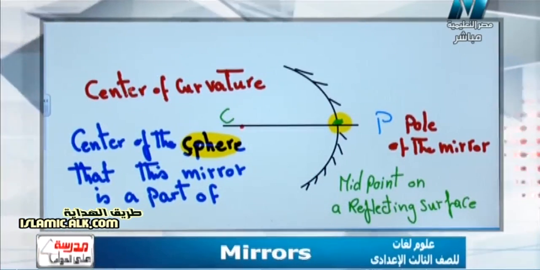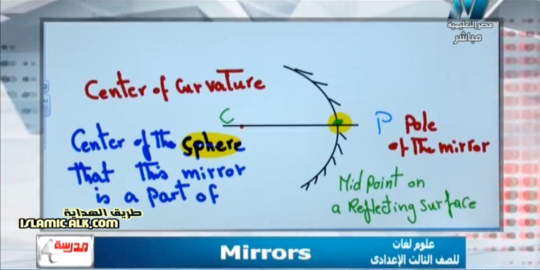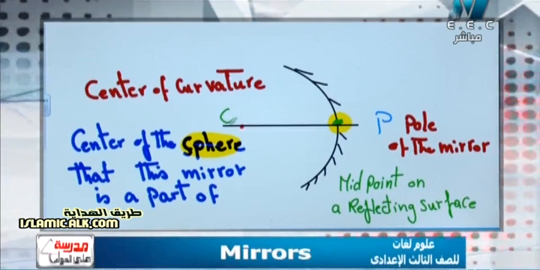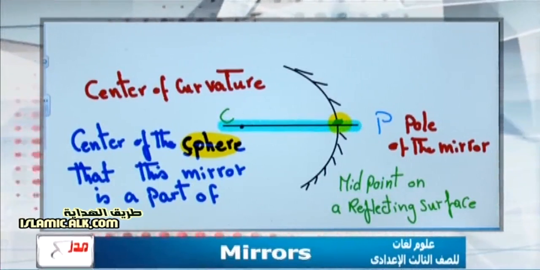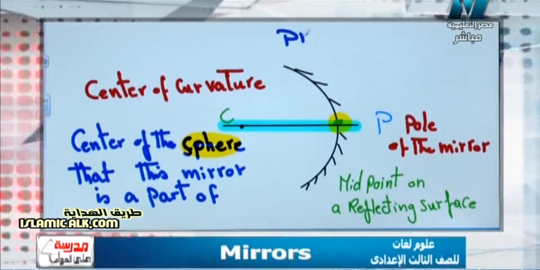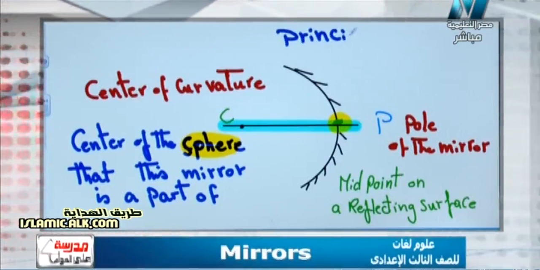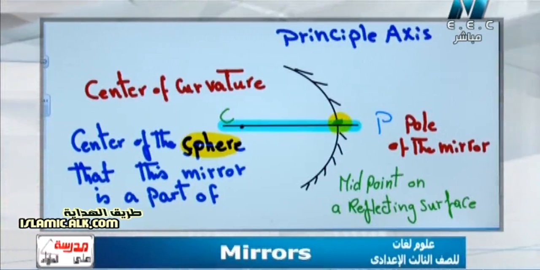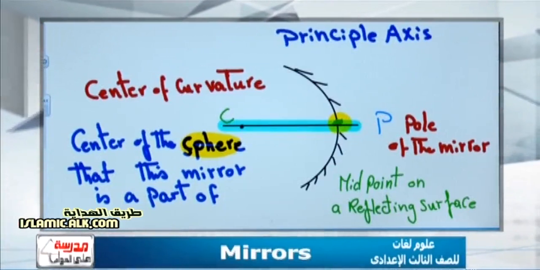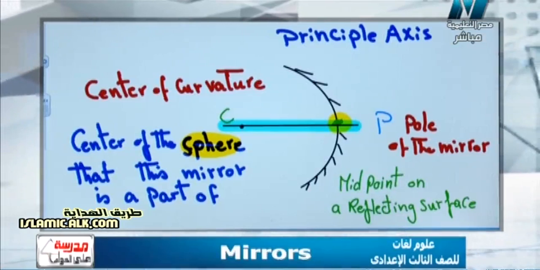Between them we have a straight line connecting C and P. So this straight line is called what? It's called the principal axis. Principal means the main axis. So what is meant by principal axis?